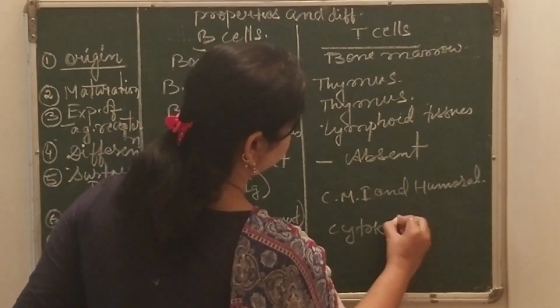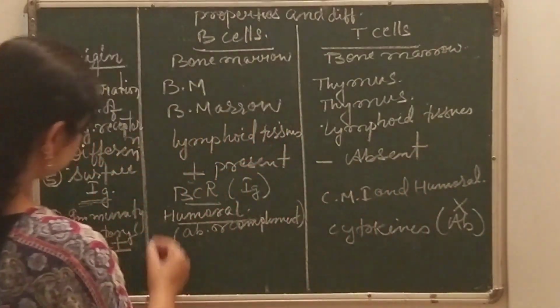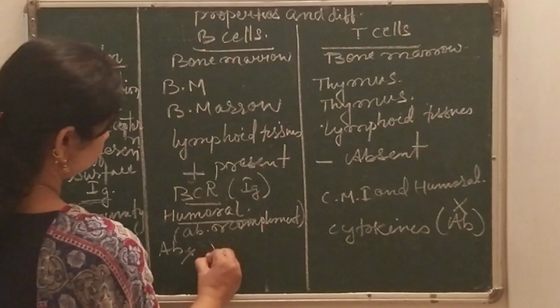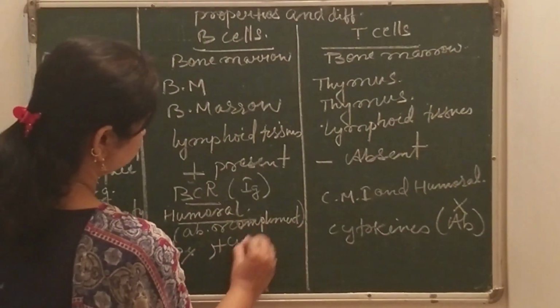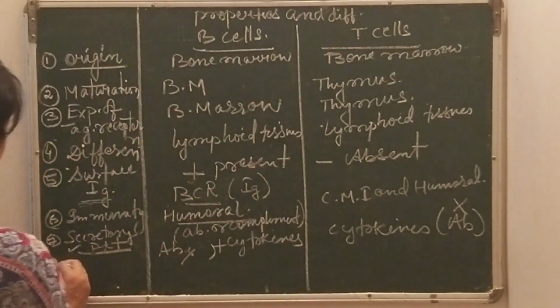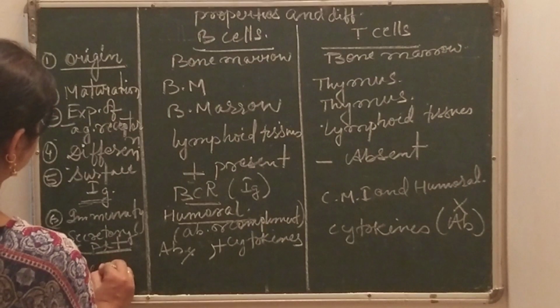They do not produce antibodies. In case of B cells, they secrete antibodies plus cytokines also.